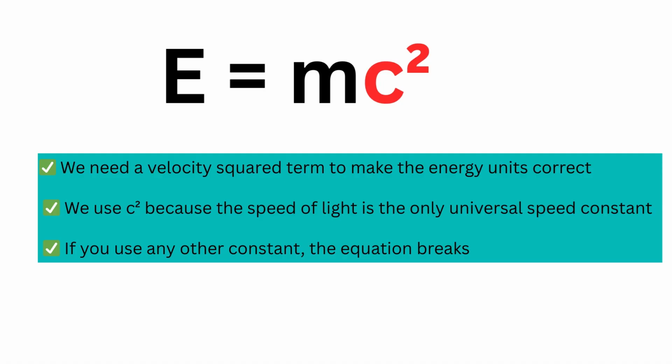So next time someone asks you what is the c square in E is equal to mc square, you can confidently say, because energy is proportional to mass, to convert mass into energy we need to multiply it with the square of the universal speed limit, which is nothing but the speed of light.